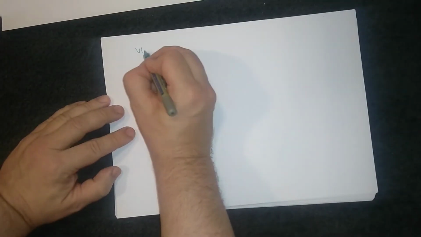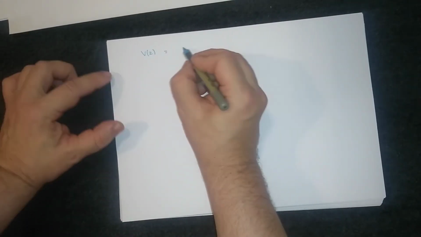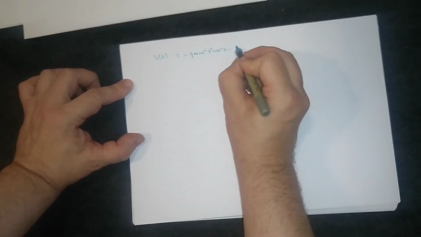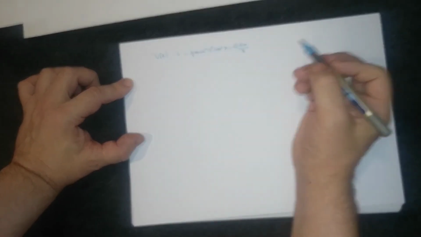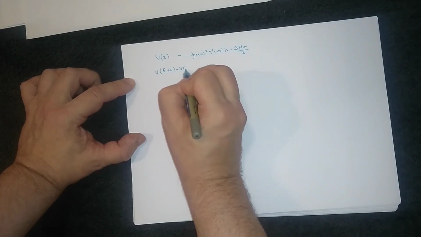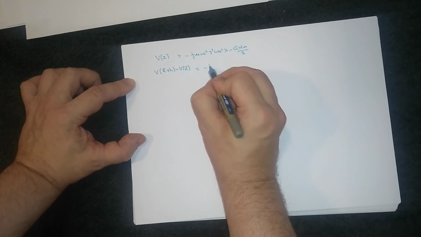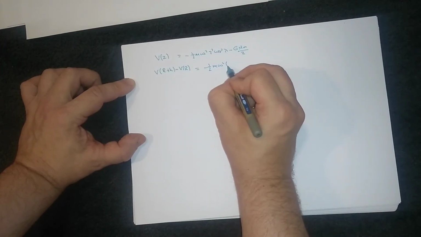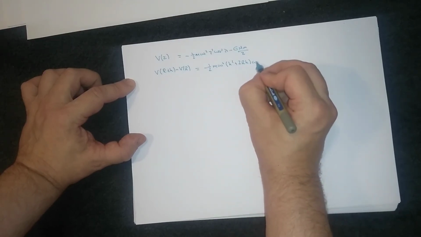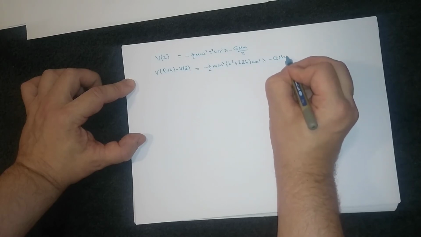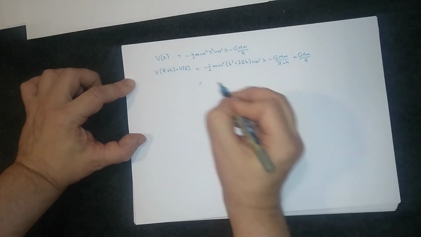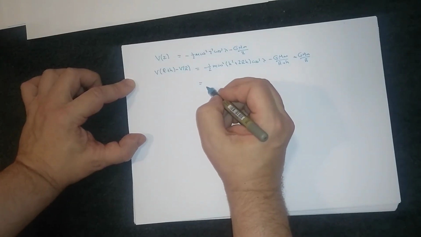Now V of z was minus a half m omega squared z squared cos squared lambda minus G M m over z. Let's have a look at V of R plus h minus V of R. Minus a half m omega squared (h squared plus 2Rh) cos squared lambda minus GMm over R plus h plus GMm over R. And let's linearize this.